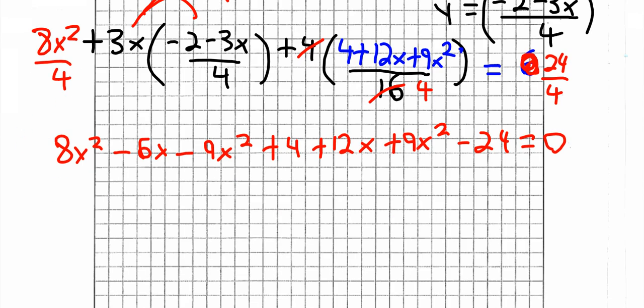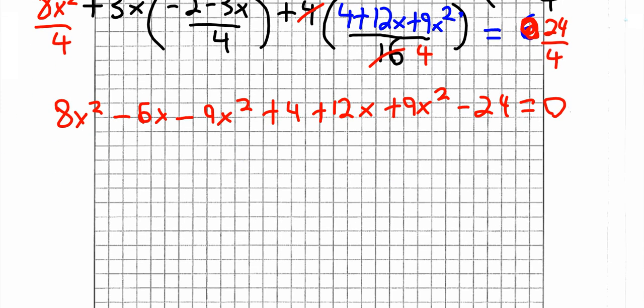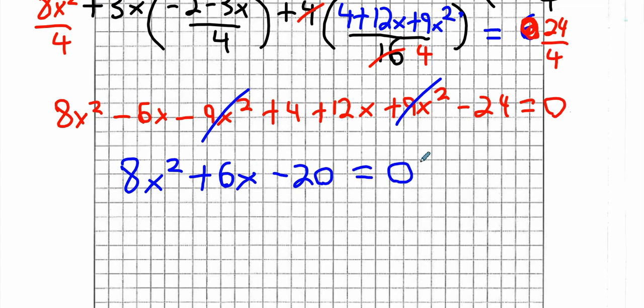Now what can we get then? What happens to the 9x squared? Gone, yeah? Then 8x squared, is a minus 6x, is it? Or plus 6x? Yes, plus 6x minus 20. Okay. I'm going to save a bit of time.